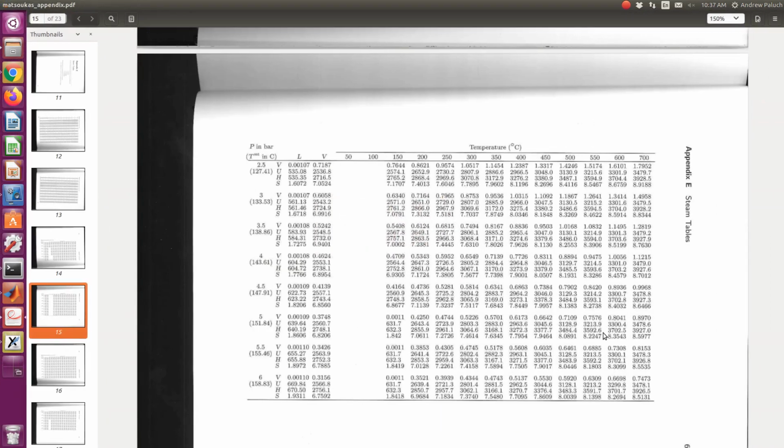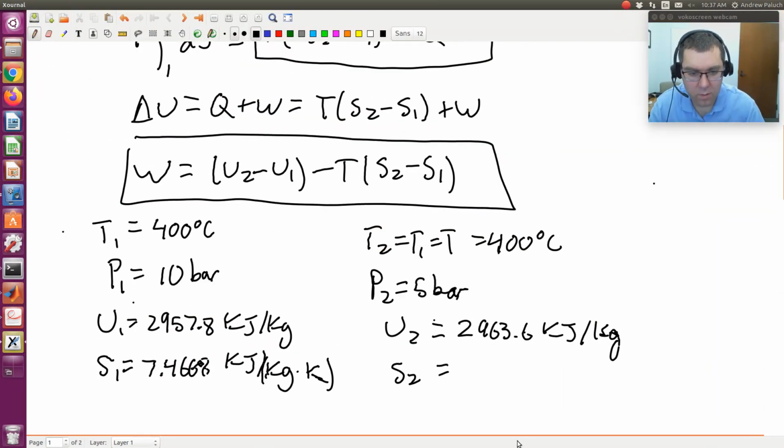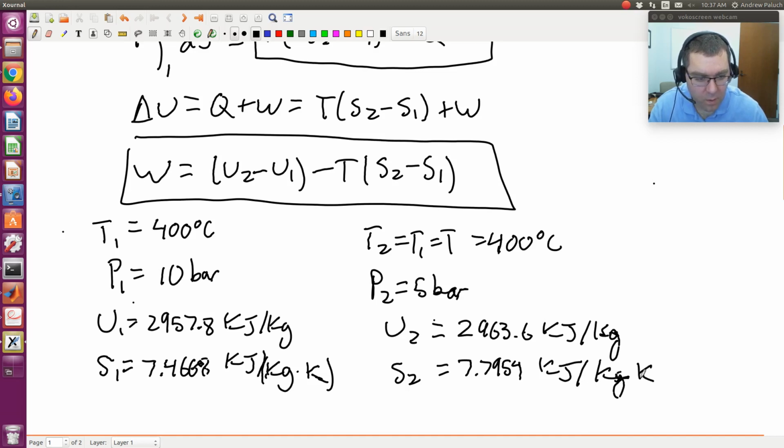And S2 is 7.7954, and that's kilojoules per kilogram Kelvin.